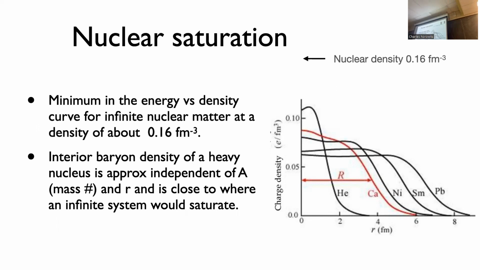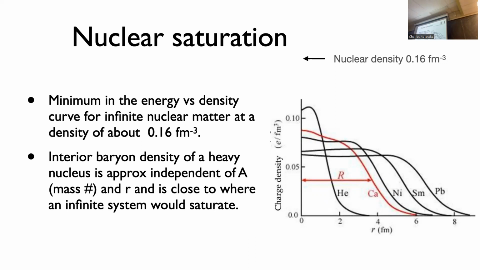What we mean by nuclear saturation is that there's a minimum in the energy versus density curve for infinite nuclear matter, and that minimum, we think, occurs around 0.16 nucleons per cubic Fermi. So that's why we call this number nuclear density. That number has never been directly observed. So we'll keep track of that for a second.